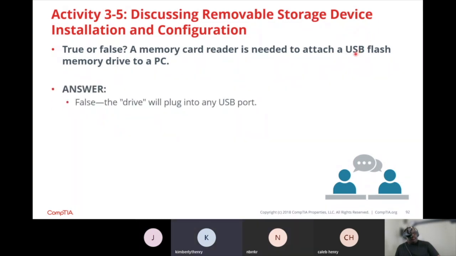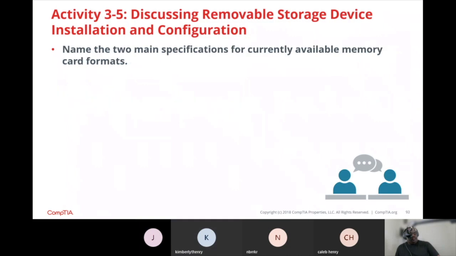Yeah, it's a USB flash drive, so it'll plug into any USB. Gotcha. Name the two main specifications for currently available memory card formats. They are SD and compact flash. Those are the only two that are available now.